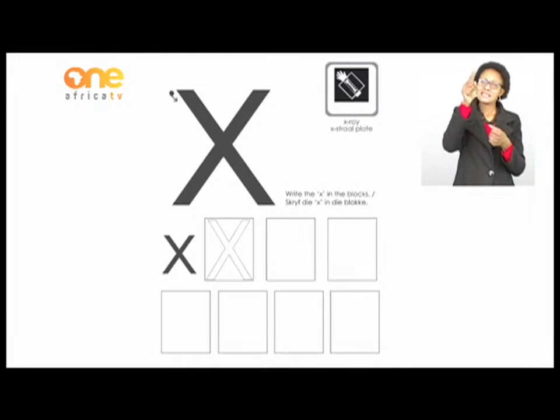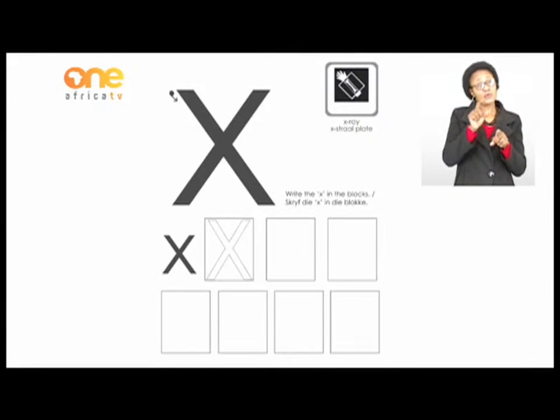So I want you to start where the dot is with your finger or your pencil, and you're just going to go criss across. You lift up your pencil, you go to the other side on top, and you cross. So X, big letter X and small letter X look the same, but the size is different.